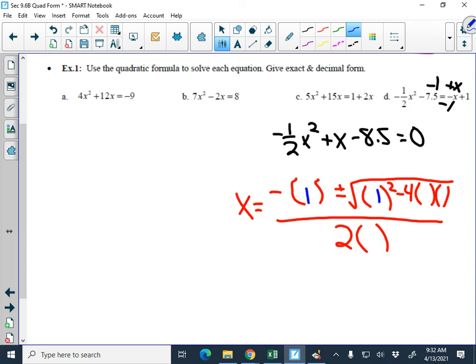B is 1. A is negative 1/2. C is negative 8.5.